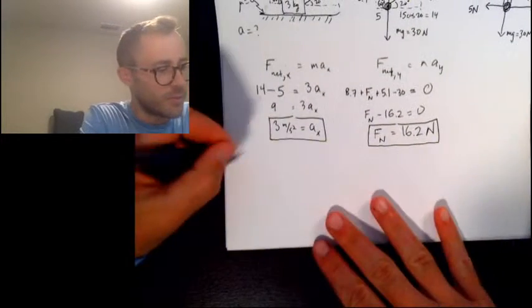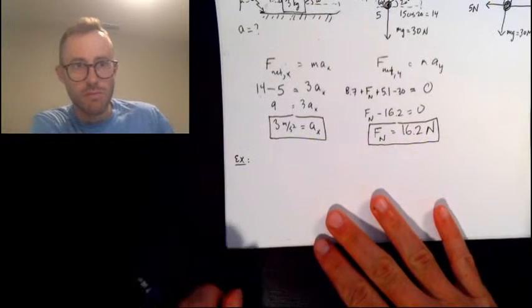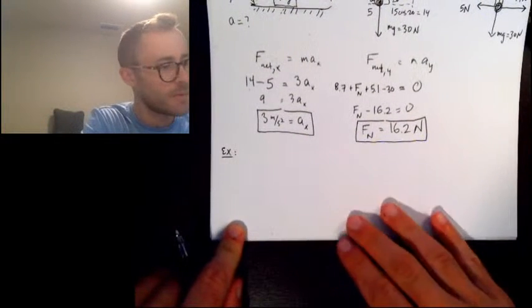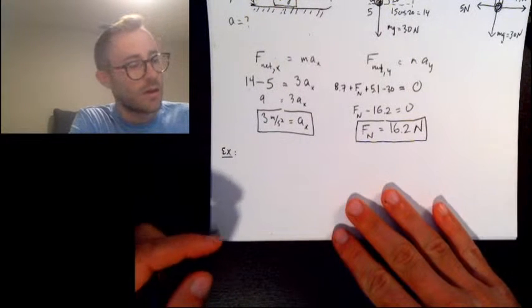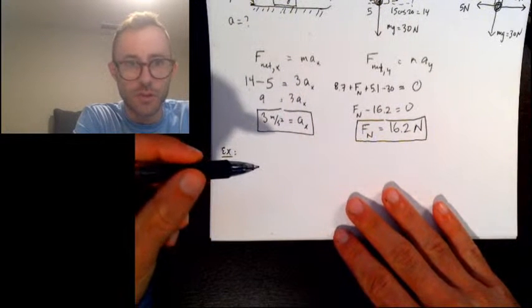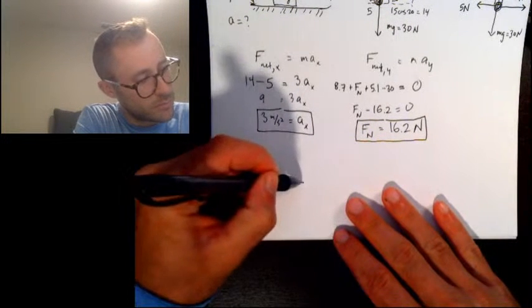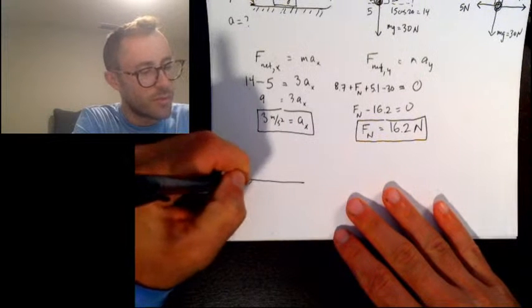Let's do another example. Okay? So now we're going to throw friction into the mix. Let's say that we have a stubborn child. Okay, so here's the playground floor.